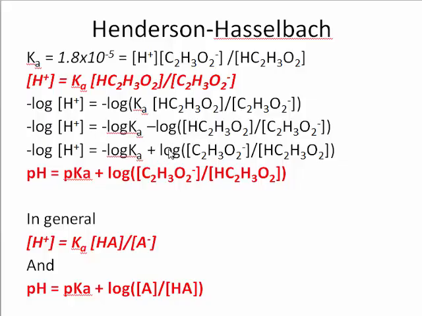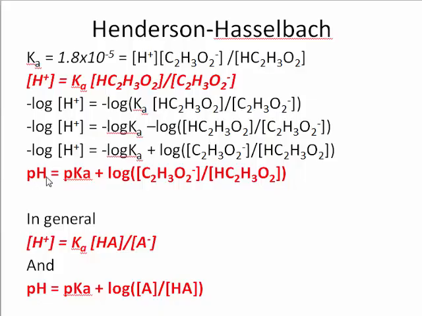Carry down to the next line, what I have done from this step to this step is take the reciprocal of the expression in the log, which changes its sign. Since the negative log of H plus is the pH, and the negative log of Ka is the pKa, this gives us pH equals pKa plus log of the base concentration over the acid concentration.